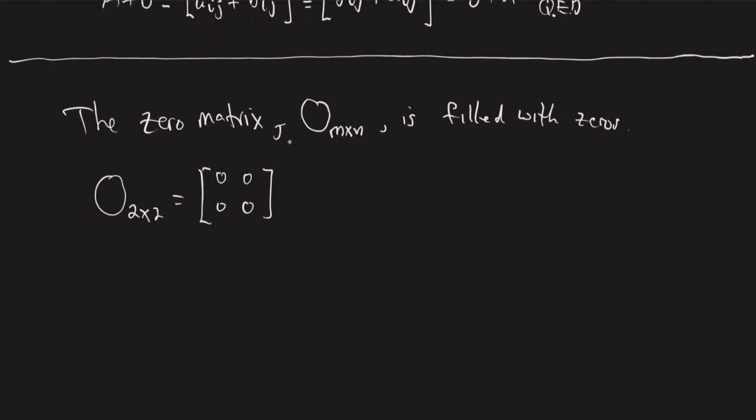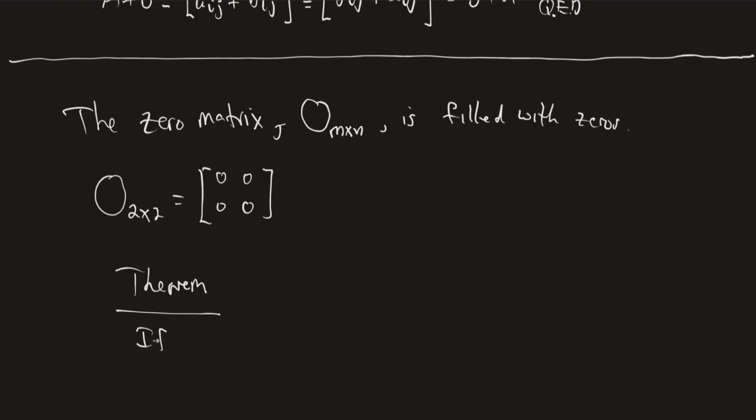So here are a few properties that all involve this zero matrix, right? So I think, maybe in the spirit of time, I'll skip any of these. But basically, all we need now is one matrix and one scalar. And then we can say this.